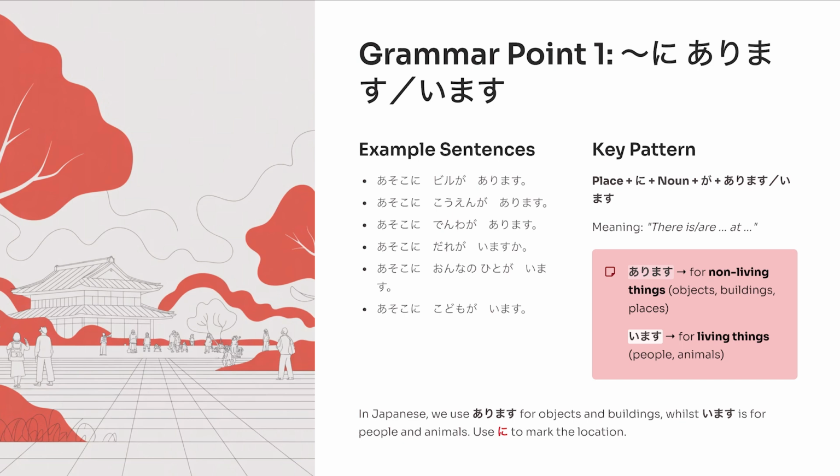Looking at the examples, ビル, 公園, and 電話 are all non-living things, so they use あります. Meanwhile, 女の人 and 子供 are people, so they use います. Understanding this distinction is essential because these two verbs appear constantly in everyday Japanese conversations.